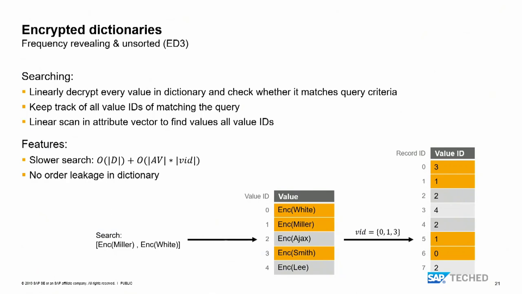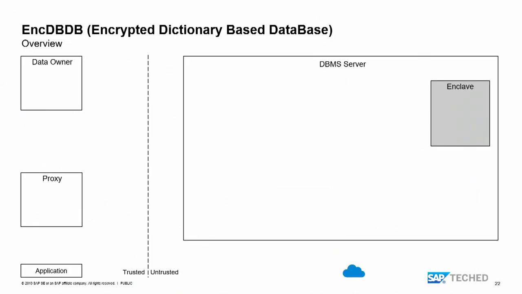OK. Now I told you everything I want to tell you about those encrypted dictionaries, and now let's see how we use them to get a whole database. Here we have a data owner, some proxy and an application. They are all trusted. That's very important here. I forgot to mention this in the beginning. We only talk about an encrypted database in this talk.